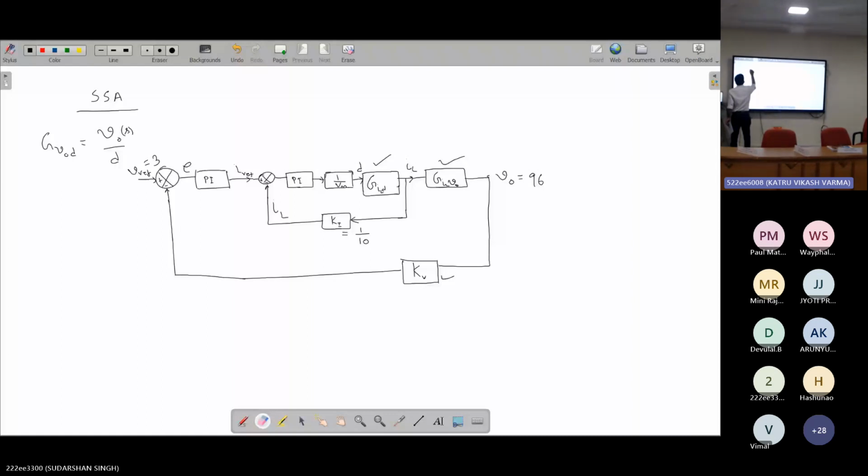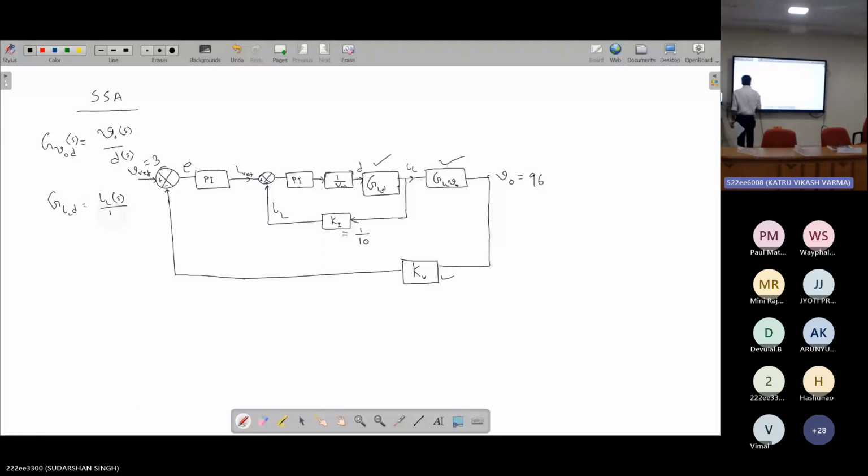So it is V0(s) by d(s), the transfer function between V0 and D, and also you can find out the transfer function GILD, which is between inductor current and the duty ratio.